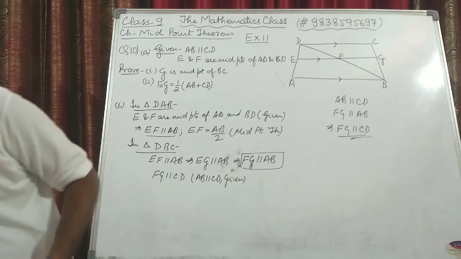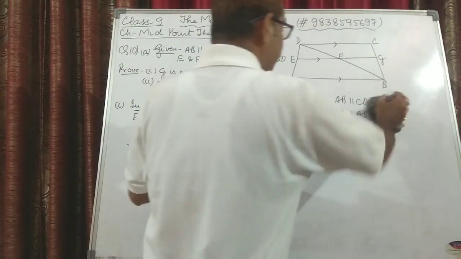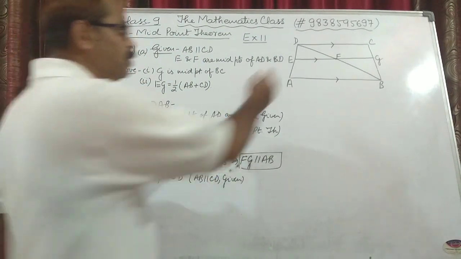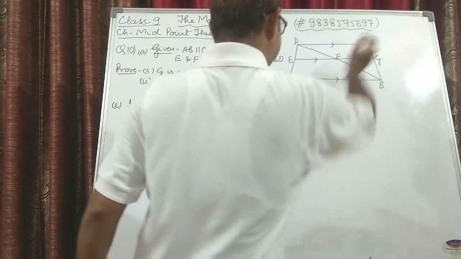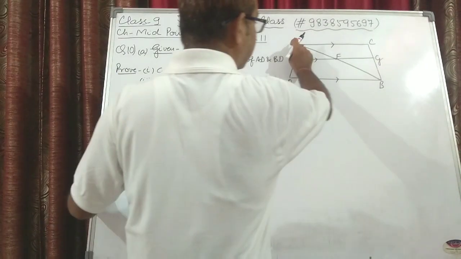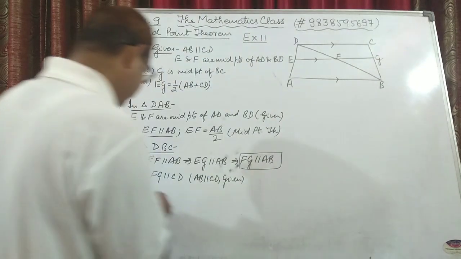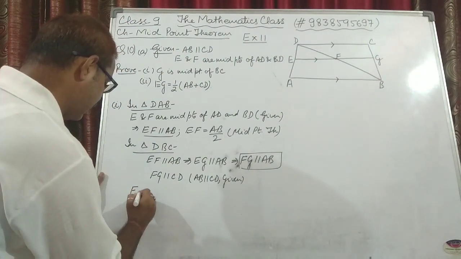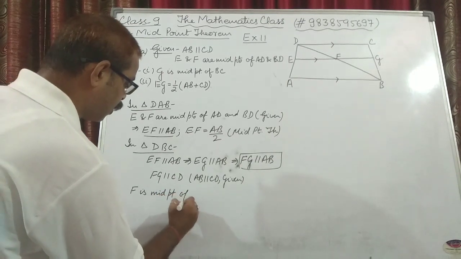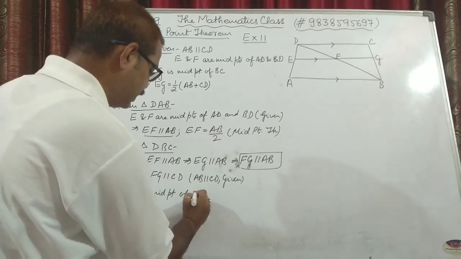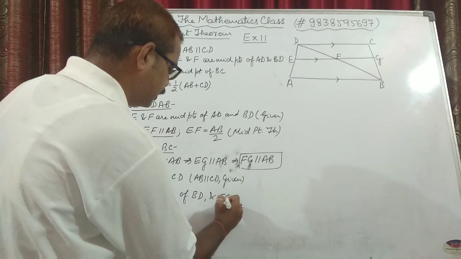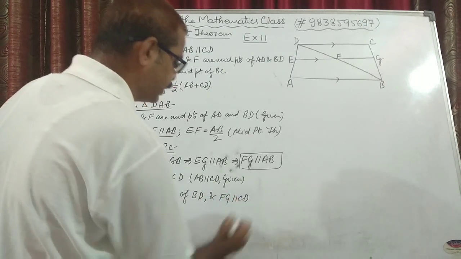Now, we have proved that FG is parallel to CD. In triangle DBC, F is the midpoint of BD and FG is parallel to CD.